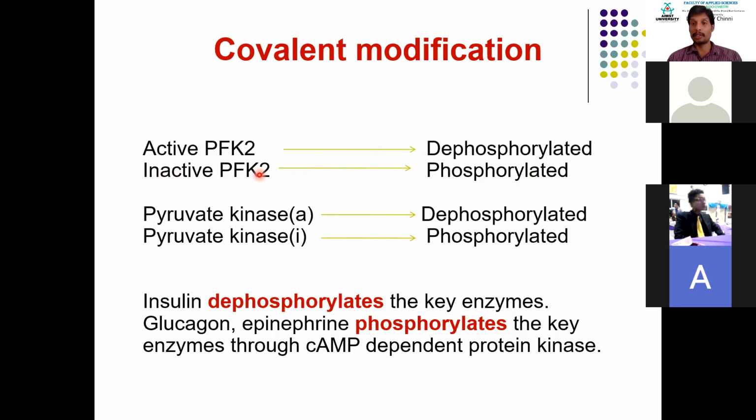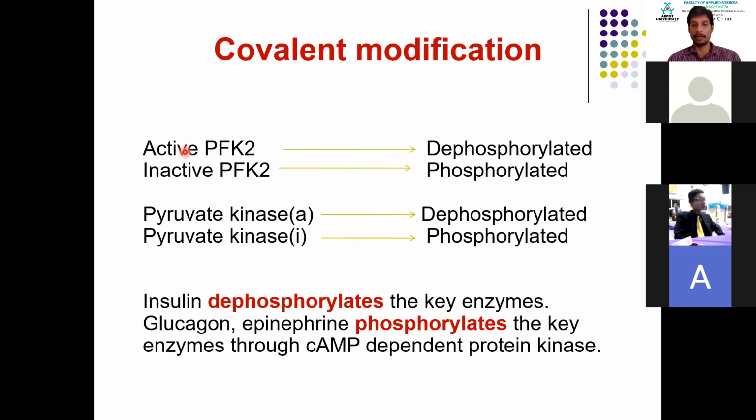If it has the phosphate moiety bound to it at a particular position, it is called phosphorylated, and it is the inactive form, so it is not going to catalyze the reaction. In the case of dephosphorylated, it will be active. Thus the cell will give a signal to these enzymes whether they need to proceed with the reaction or not by these covalent modifications.